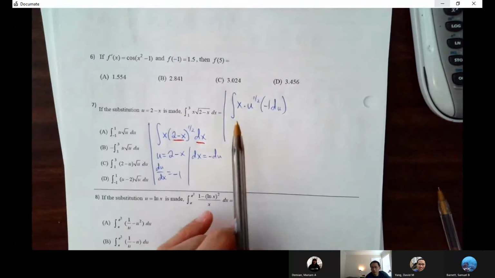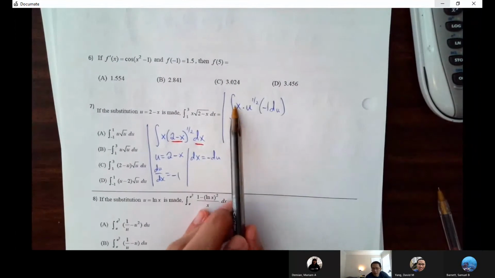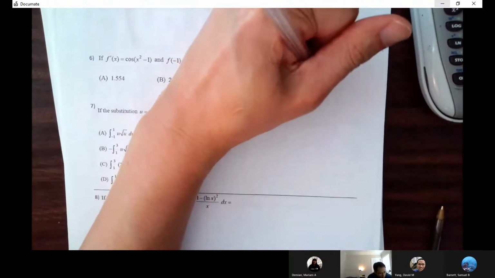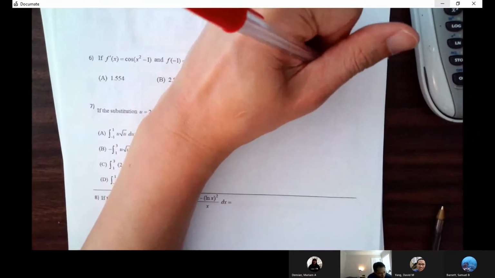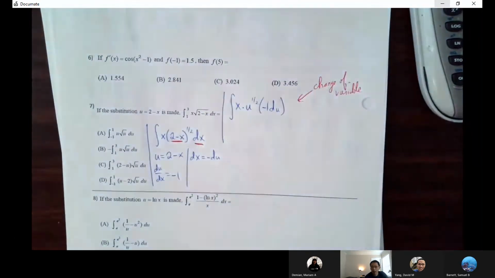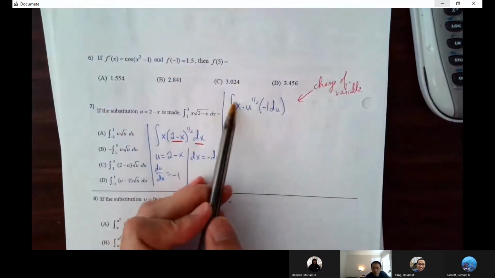But the x's do not go away. Nothing cancels out. So this is a change of variable, where we have to find a way to get that x to be resolved.